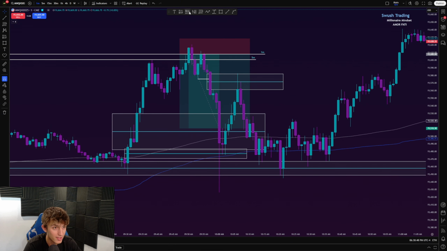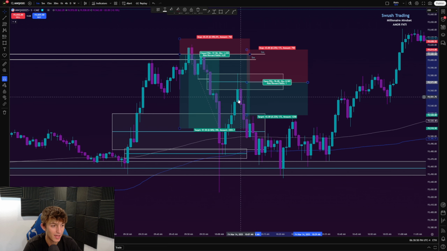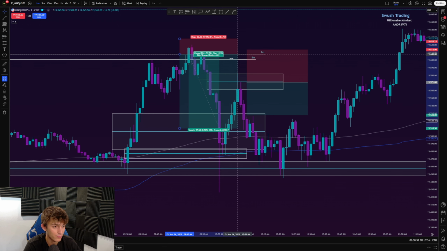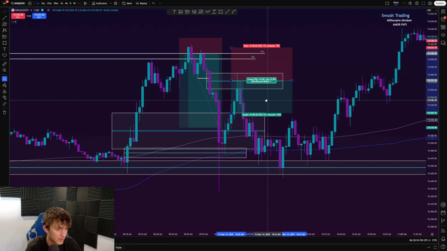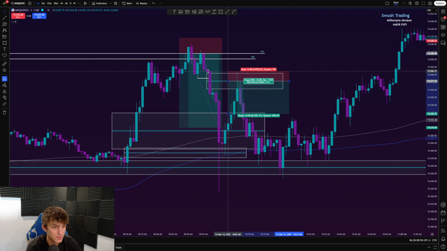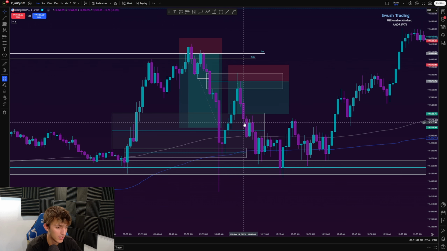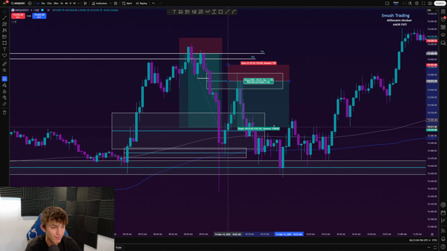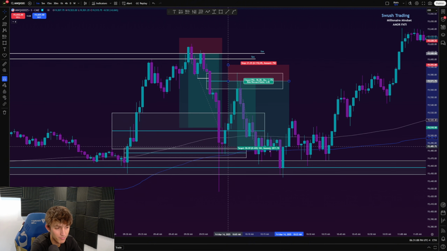What you could have done is taken a re-entry at this re-entry level, again at the CE, put your stop loss a couple points above the body of that candle, ride it down to that 5 minute, and you would have bagged another 250 ticks. Or you could have ridden it down to the VWAP and made another 100 points if you held that.